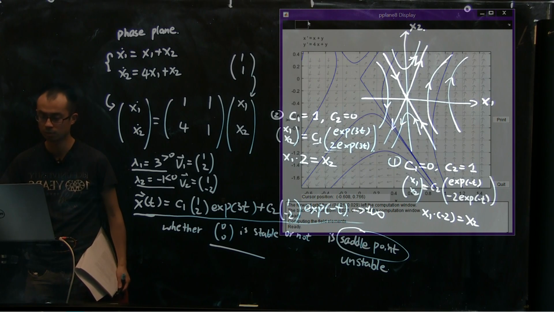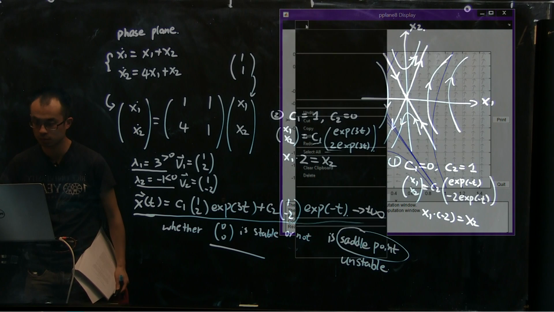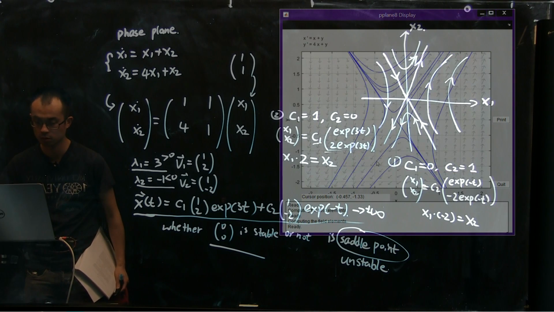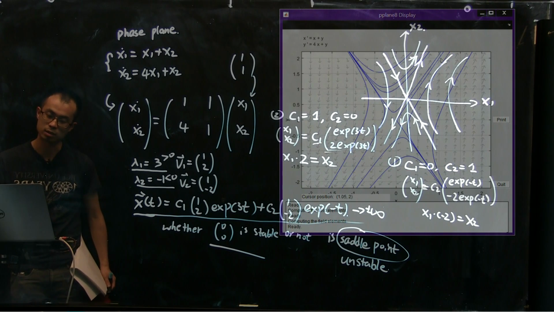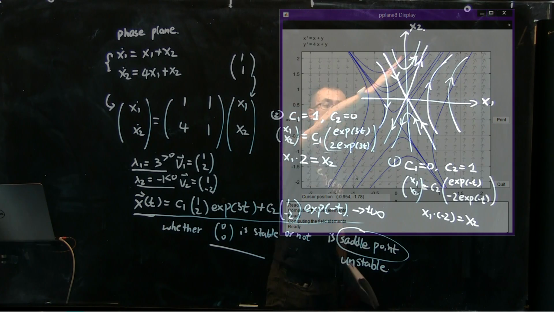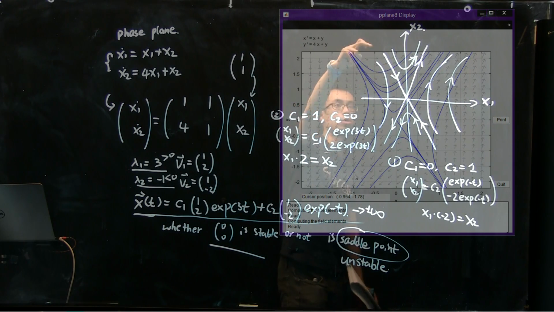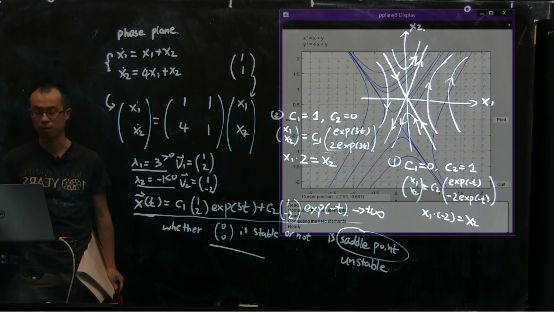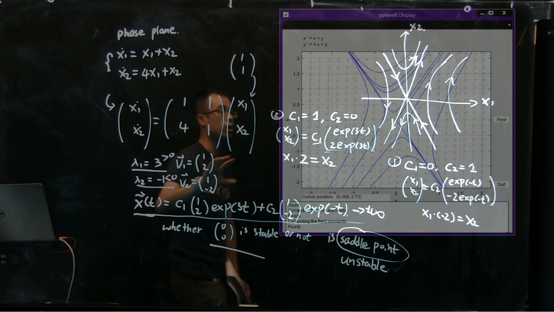And there's also one solution along these lines as well. So basically, one line is on this one and one on this, which correspond to these two straight lines. And you can see the behavior of this solution is very similar to what I wrote down right here.